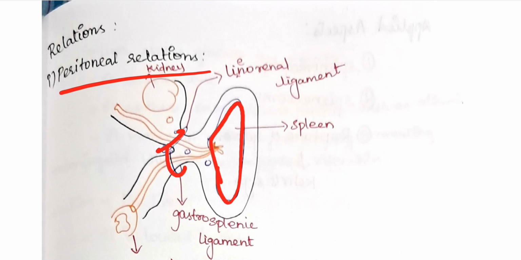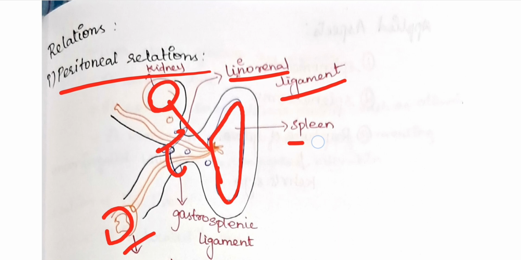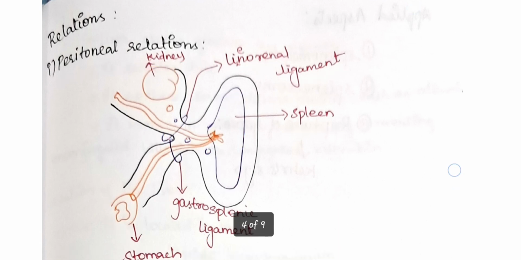This is the stomach, this is the kidney. The kidney is related to the spleen by the lienorenal ligament. The stomach is related to the spleen by the gastrosplenic ligament. There are also some lymph nodes present. So this is all about the peritoneal relations of the spleen.